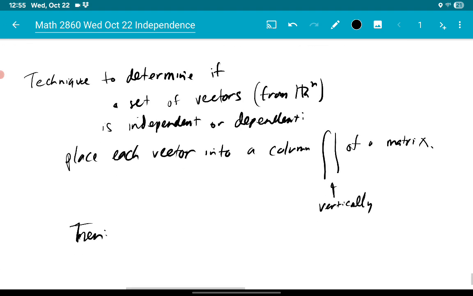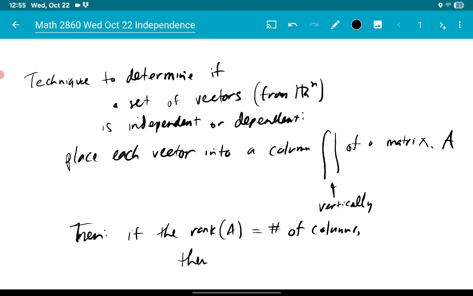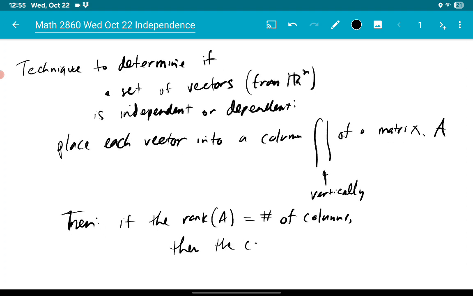Then, this is pretty quick and pretty nice and easy. Not always quick, but pretty nice and easy. If the rank of that matrix, let's call that matrix A, if the rank of A equals the number of columns, then the columns are independent.